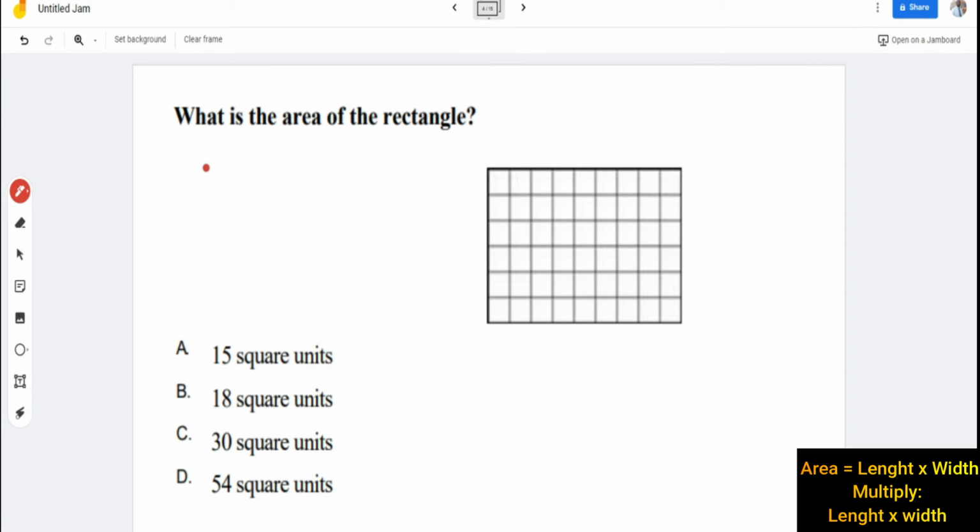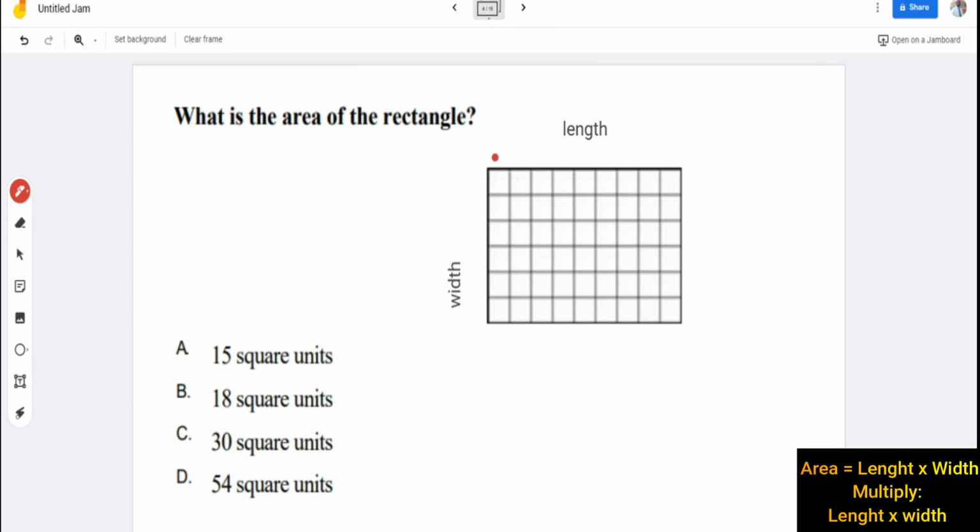Next, what is the area of the rectangle? To find the area, remember, we multiply length times width. This is the length here. I'm going to represent that with L, and width with W. This will be the length, and on this side we have the width. Now what we're going to do is count how many square units are on each side.